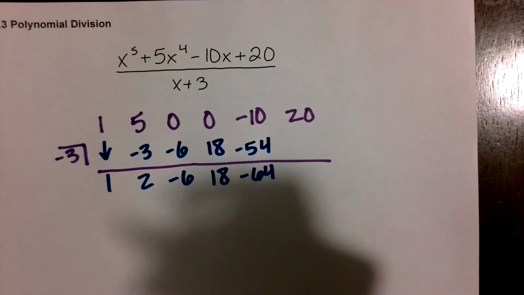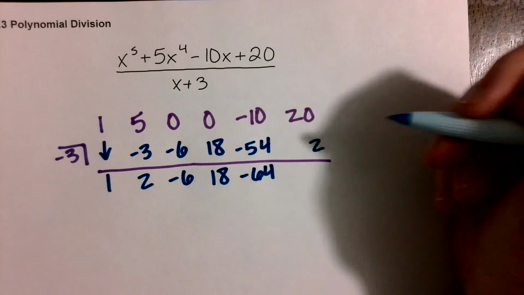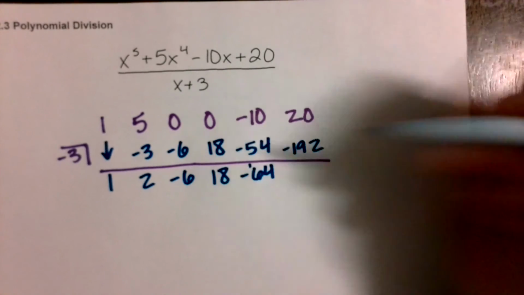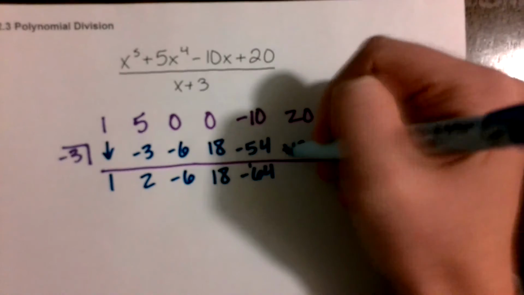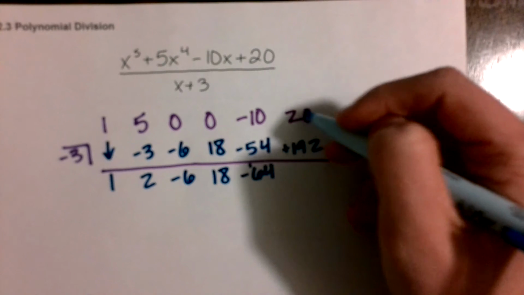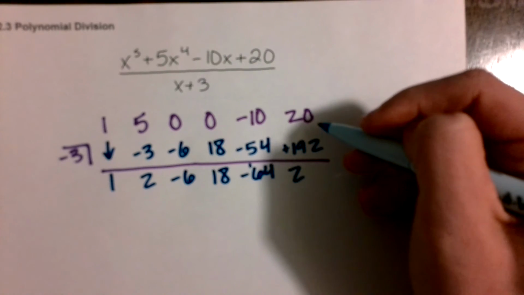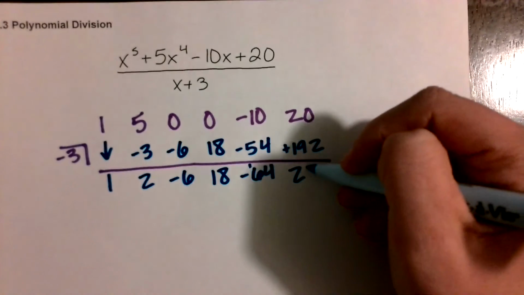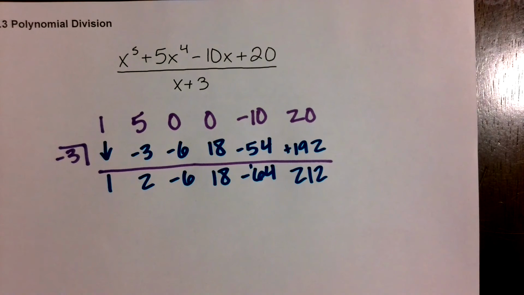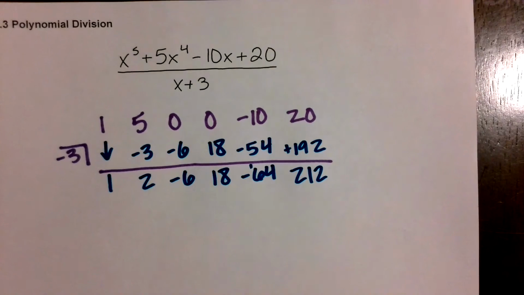Combining, multiplying by what's in the box. Let's see, we've got 12, and 6 times 3, 18, 192. Oh, nope, it's positive. And then combining them. Oh, y'all, it's going to hurt my brain. And let's see, 102, 112. 212 is what I meant. Whew, okay, that was a little rough.